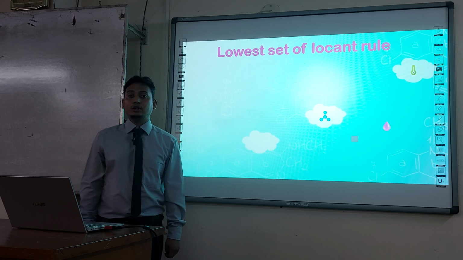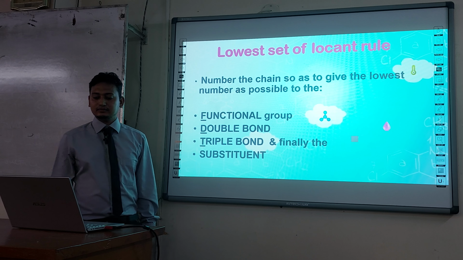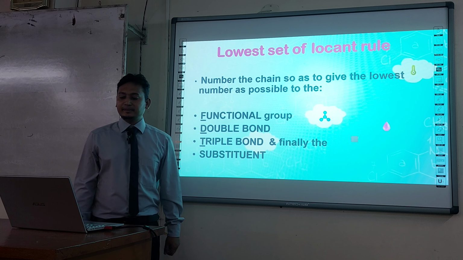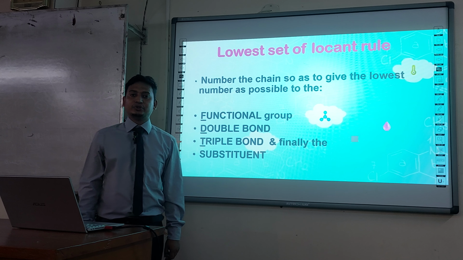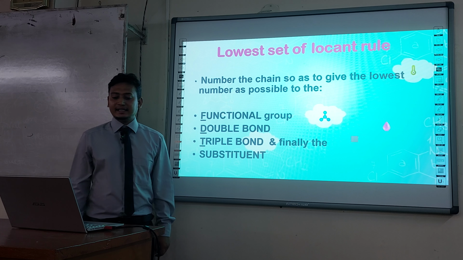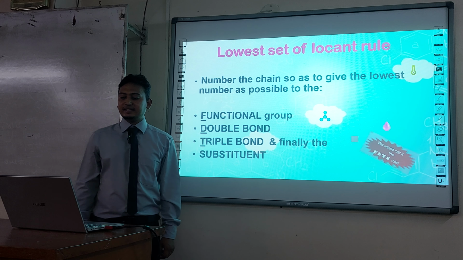Now we will discuss the lowest set of locants rule. Number the chain so as to give the lowest numbers possible to the functional group, double bond, triple bond, and substituent. We will call it the FDTS rule.